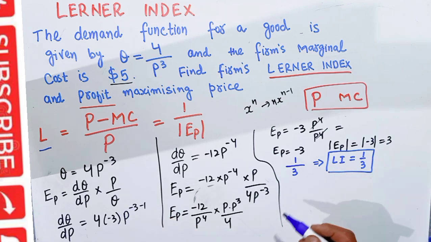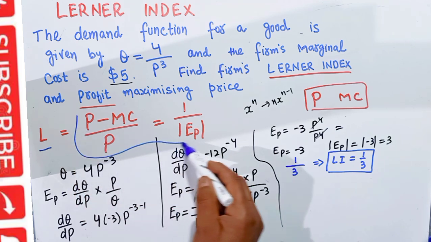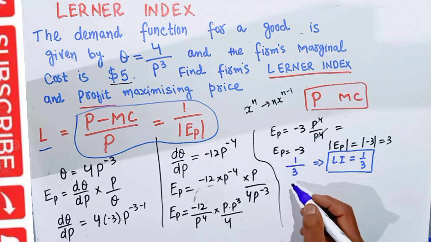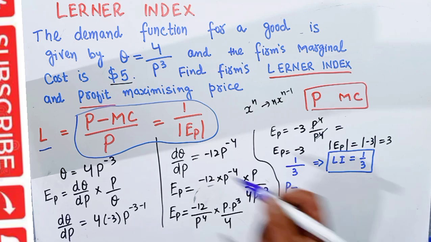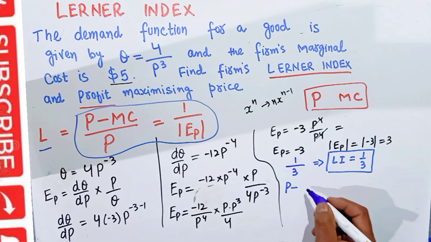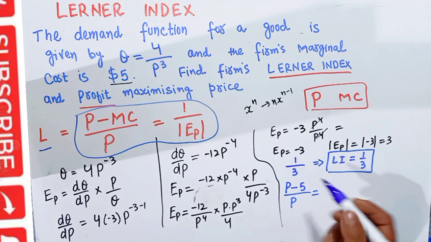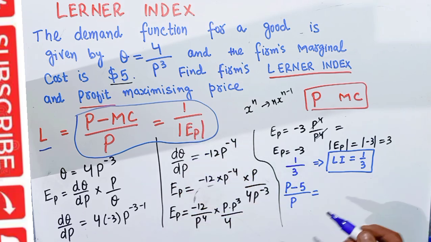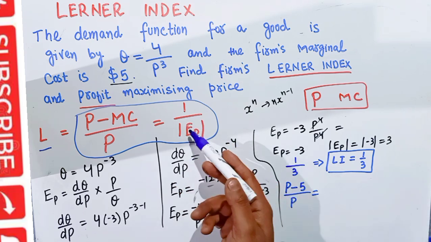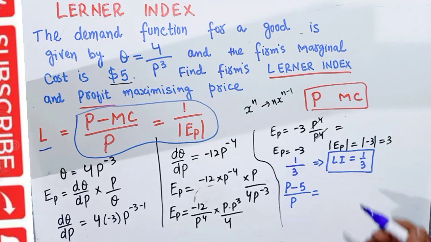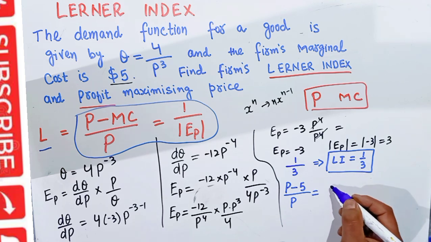Now we need to calculate the profit maximizing price. We know this relationship must hold here: P minus marginal cost, which is P minus 5, upon P, should be equal to 1 upon the elasticity of demand which we calculated, which is in fact equal to 1 upon 3.